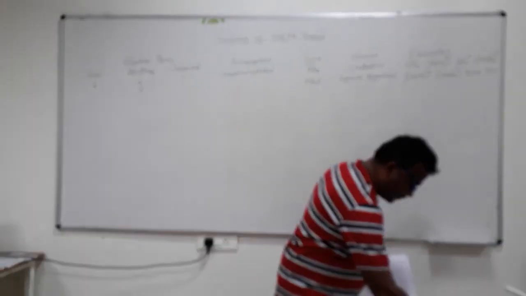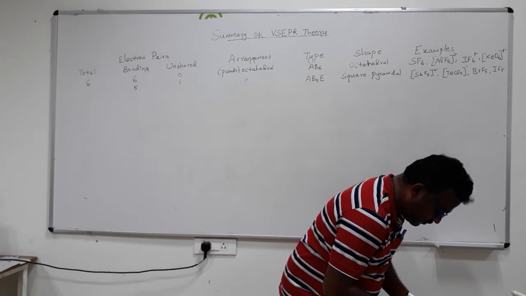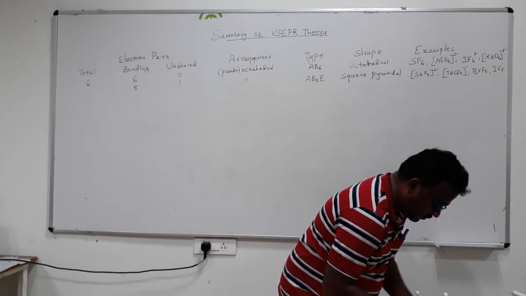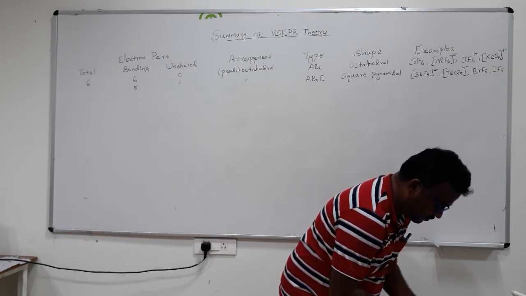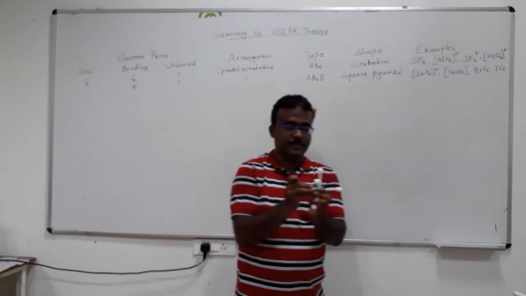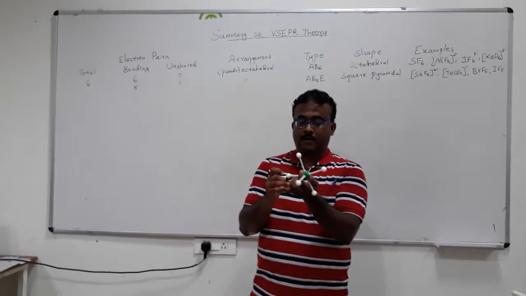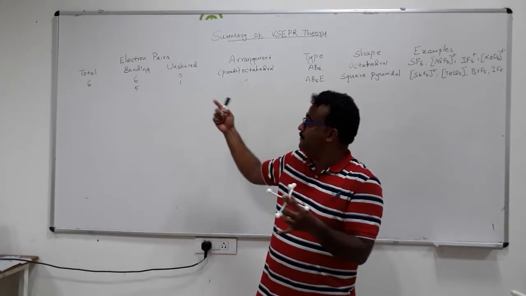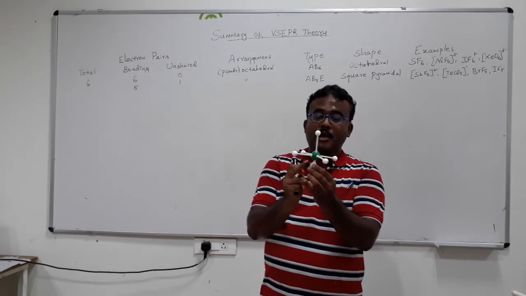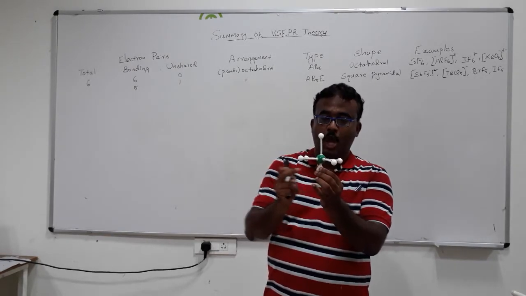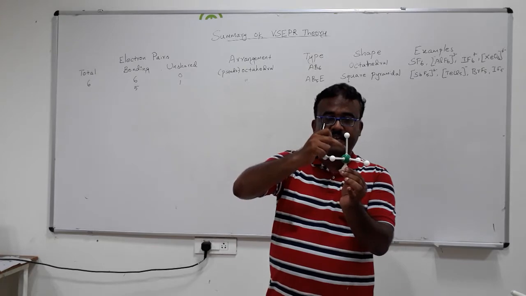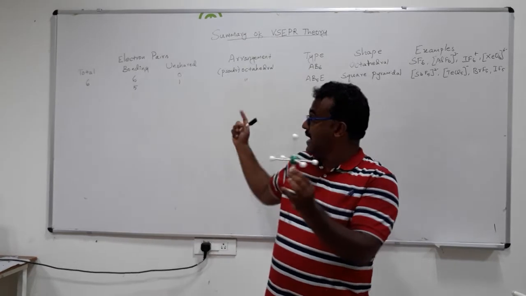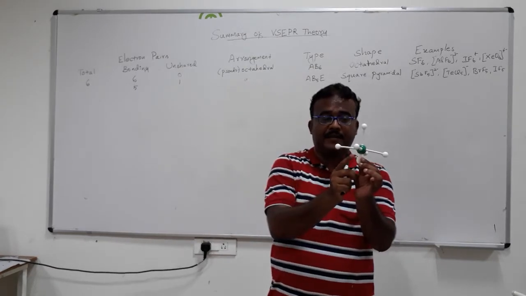So what I am trying to say, yes, you can see here, when there are 5 bonding electron pairs, there will be no lone pair of electrons, so the angle will be a perfect 90 degrees. But in this case, there is the presence of one unpaired electron.